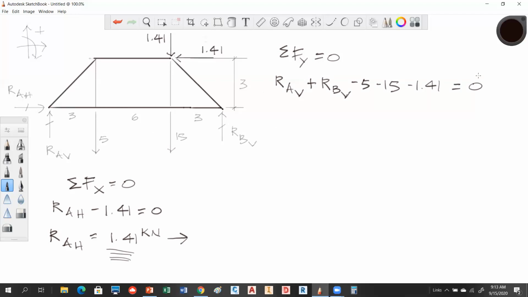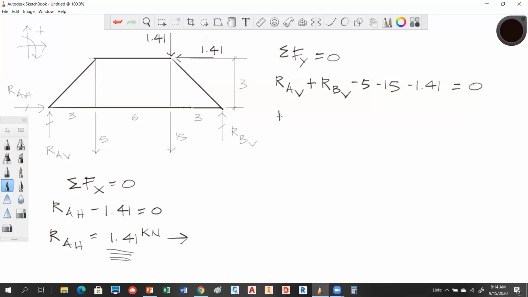So we have 5 plus 15 plus 1.41. They're all negatives. So I get a negative 21.41. That's going to come over as a positive.